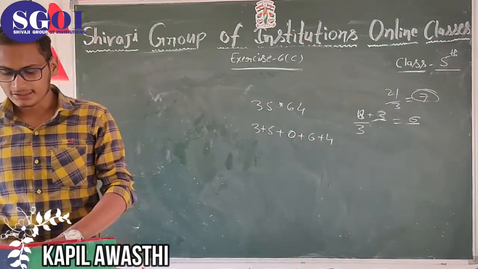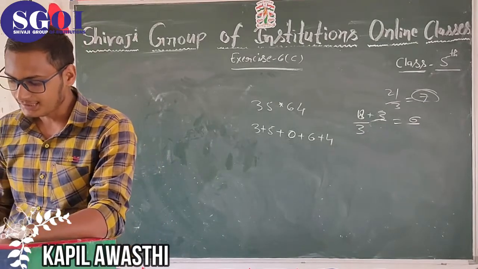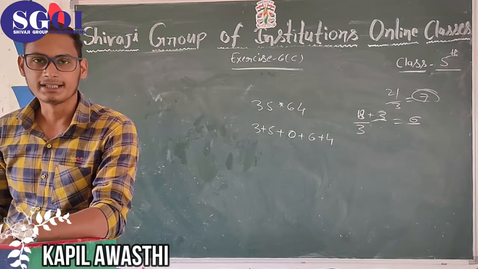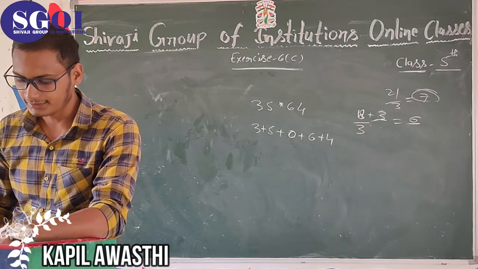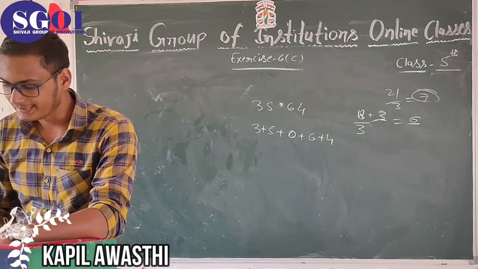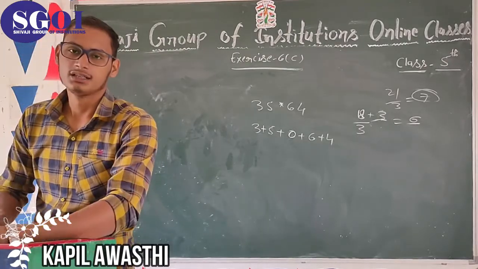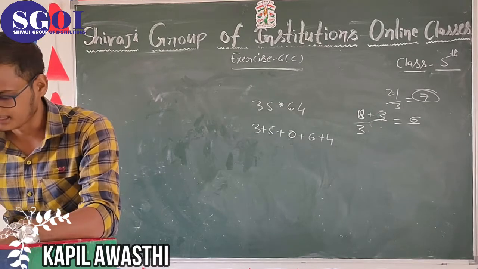Part 4. In each of the following numbers, replace star by the smallest number to make it divisible by 9. Understood? So students, how do we find the number in place of star?